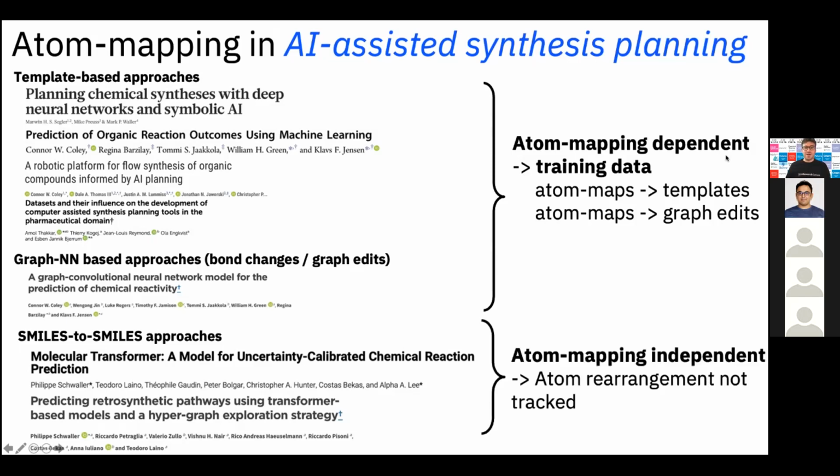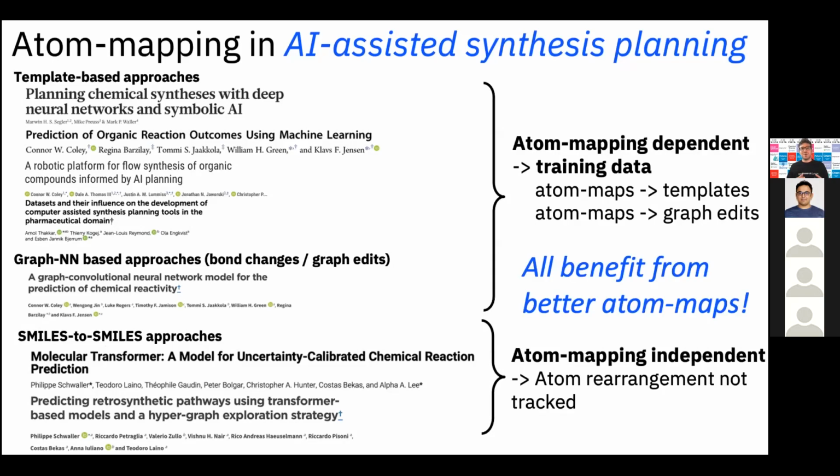We are atom mapping independent, but we have the slight disadvantage that we do not track the atom rearrangement during the prediction. This would be a nice feature to have to increase the interpretability of our predictions. So in the end, if we have a better atom mapping tool, I think that all those synthesis planning approaches benefit.